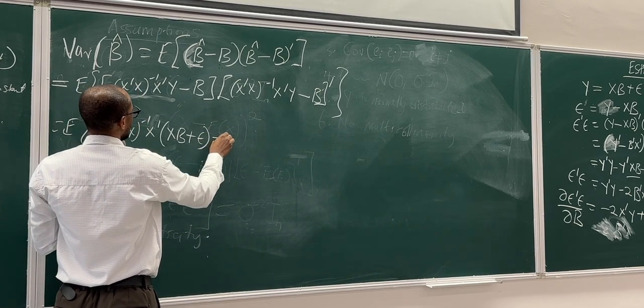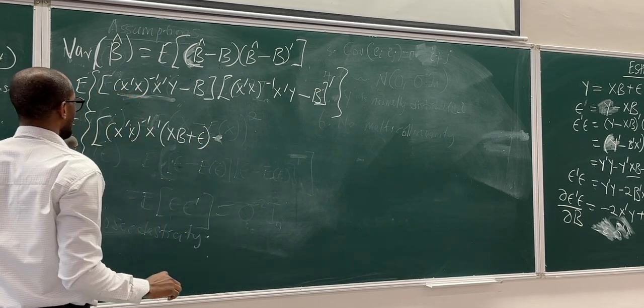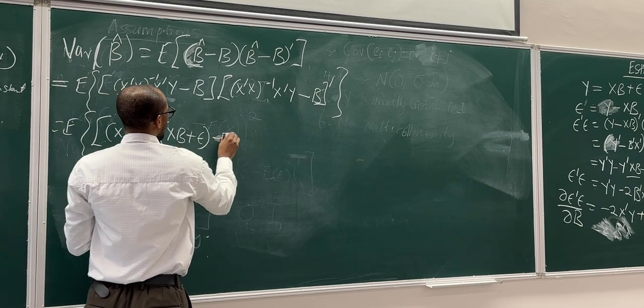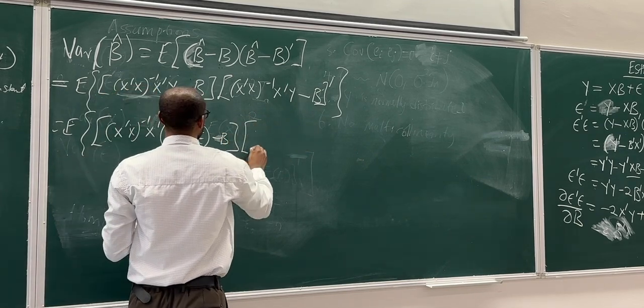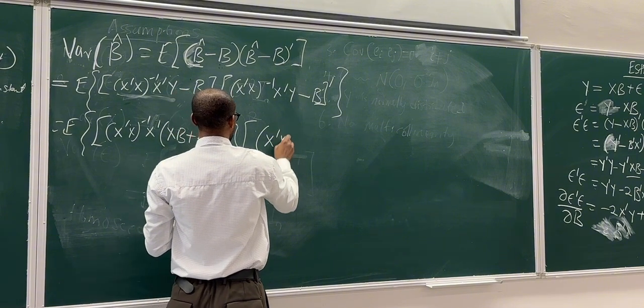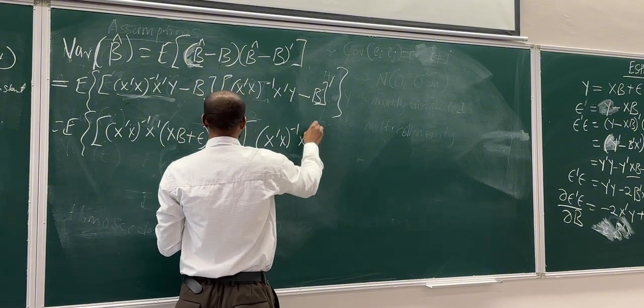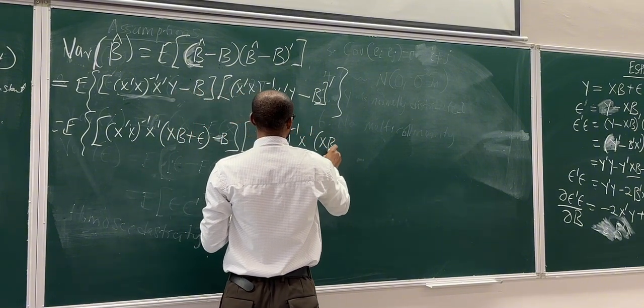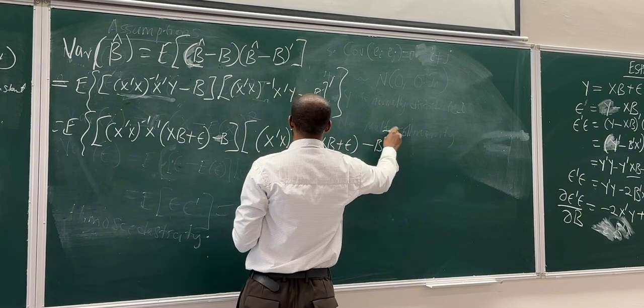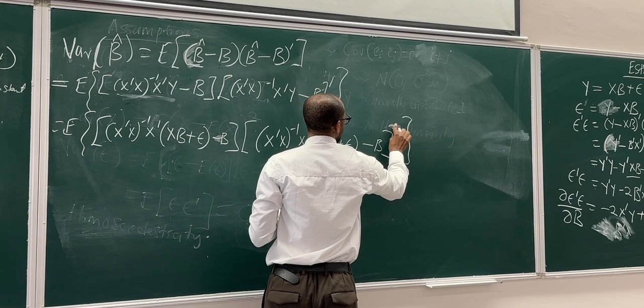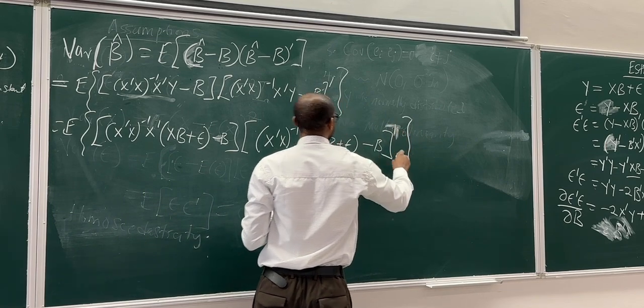Minus what? Xb plus e minus b. We just rewrite it again and then transpose. So we have x prime x inverse x prime xb plus e minus b, then we transpose. So that's what we got.